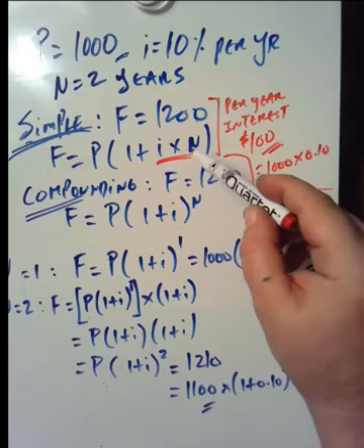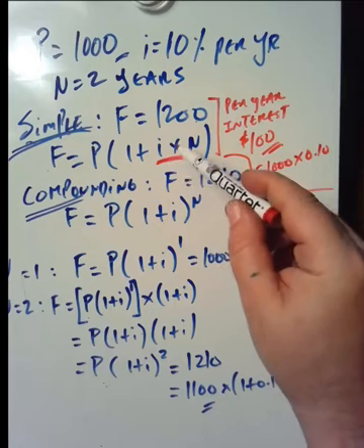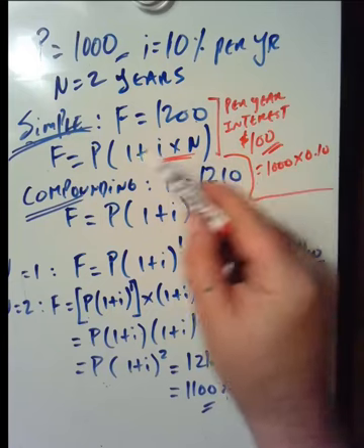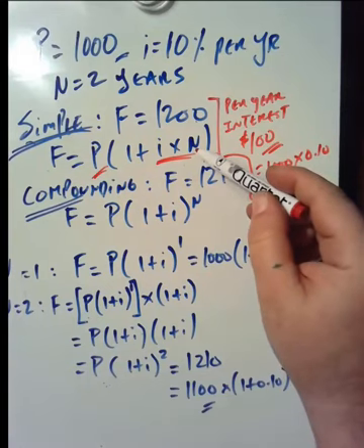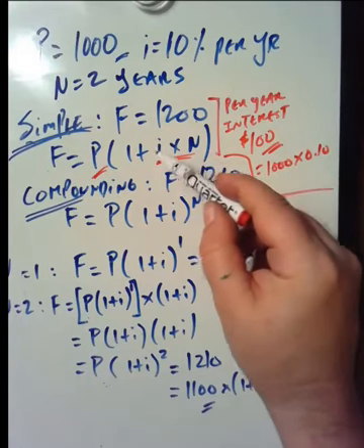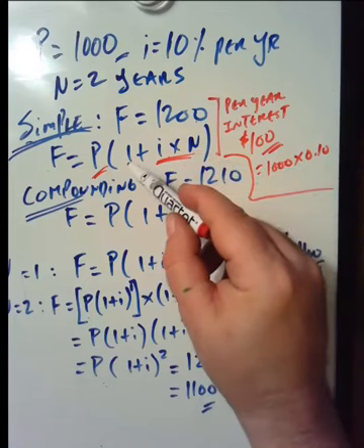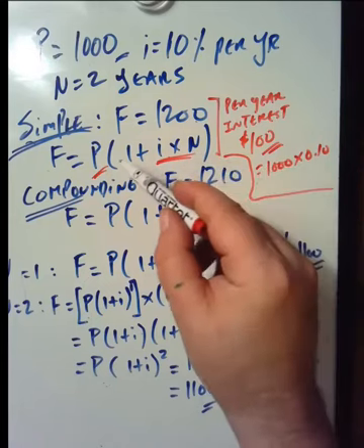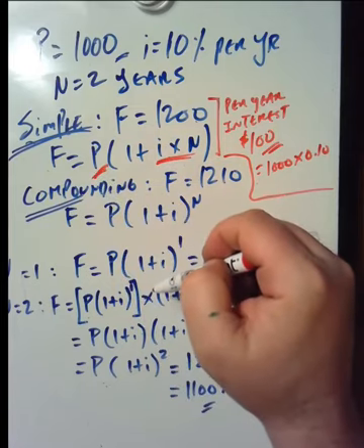0.10 times 1, so 10%. If you keep it 2 years, 0.10 times 2, which means 20% more on top of what was there. If n equals 3, then 0.1 times 3 is 0.3, plus 1 is 1.3, meaning 30% more on top of what you invested initially.